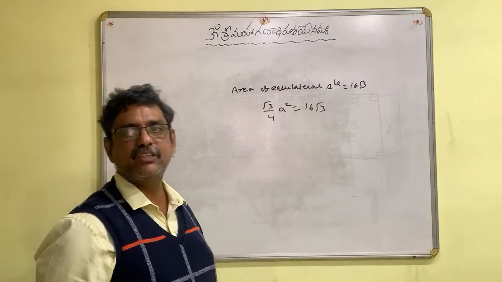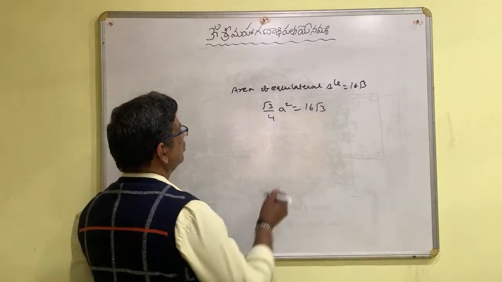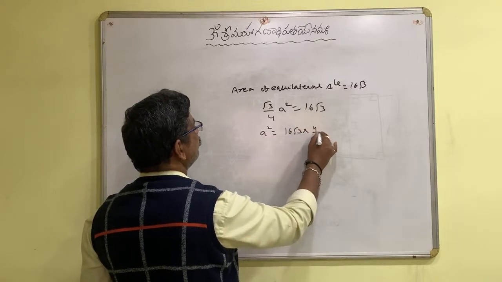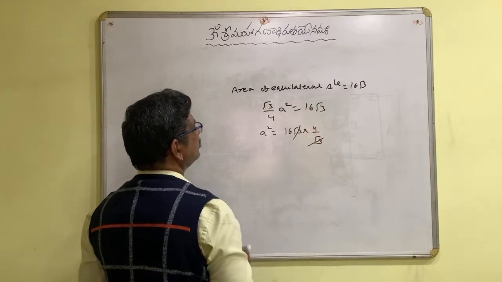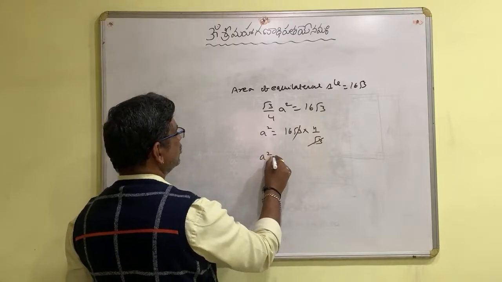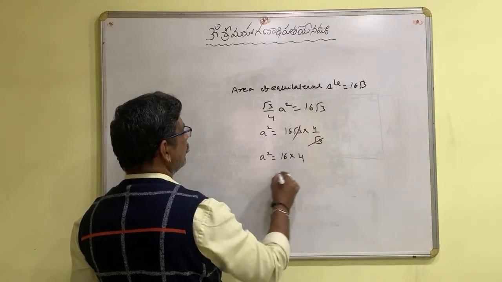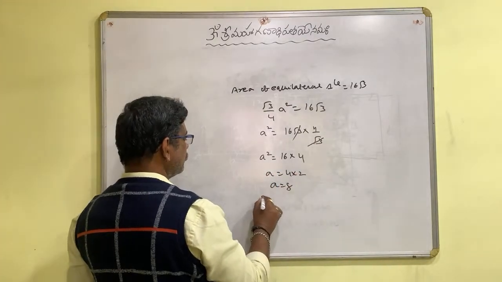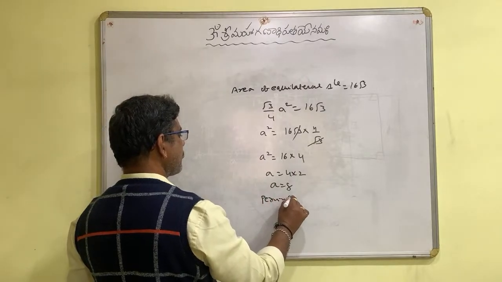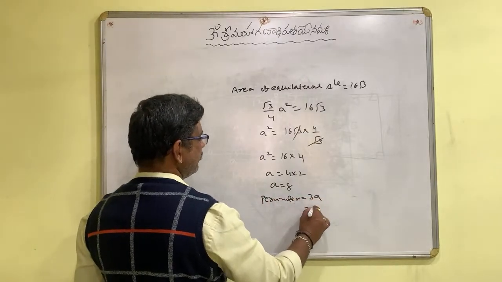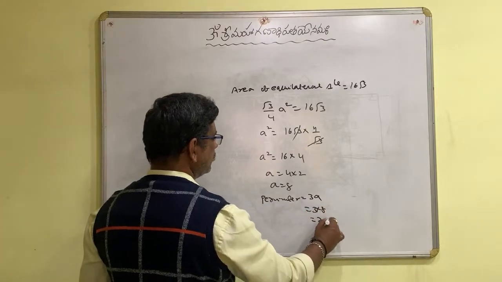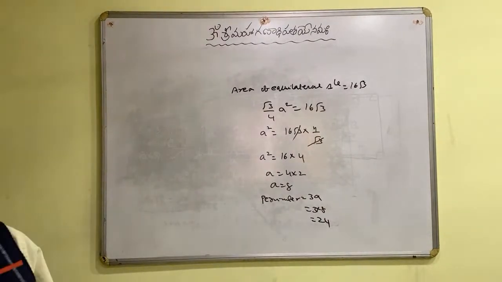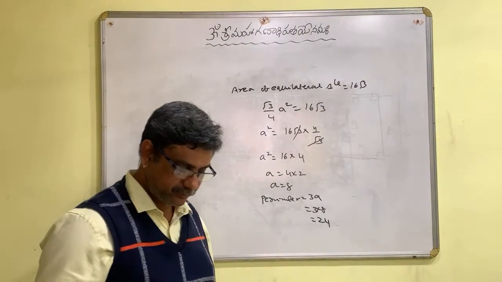Then what is the perimeter of the triangle? That means √3 by 4 a square is 16√3. Then a square is equal to 16√3 into 4 by √3. √3 cancels. 16 into 4. Then a will be 8. So perimeter is 3a, 3 into 8, 24 centimeters.